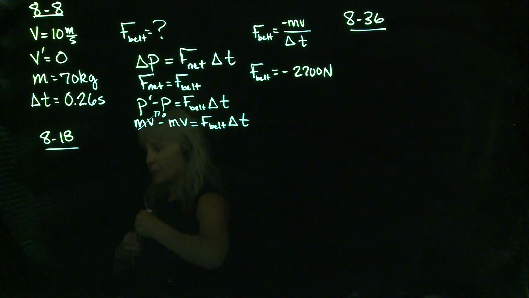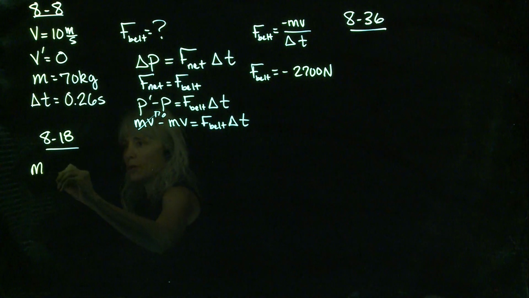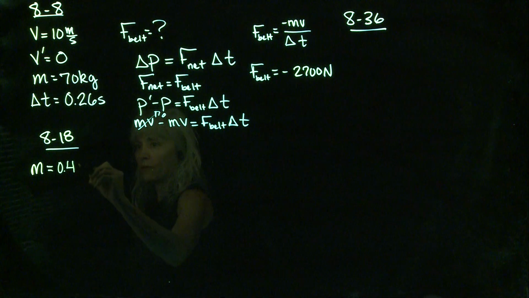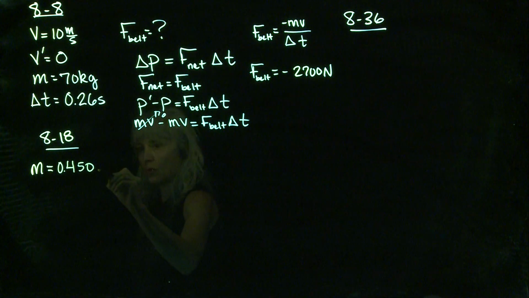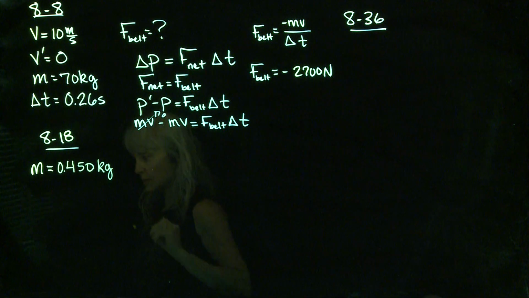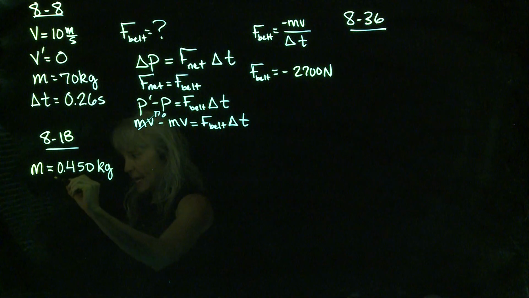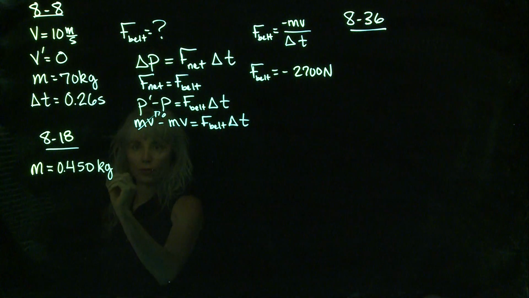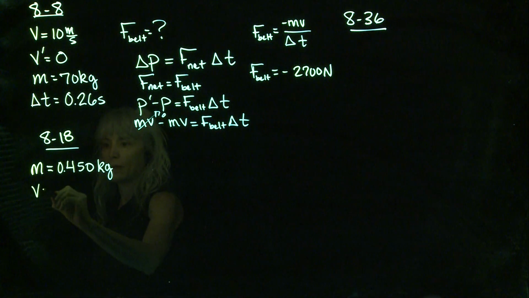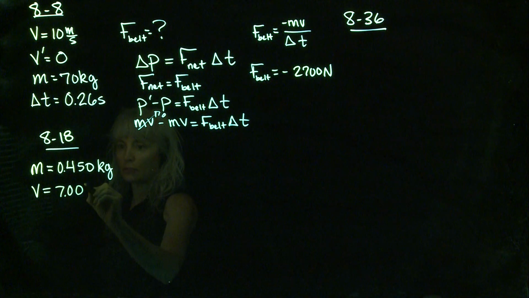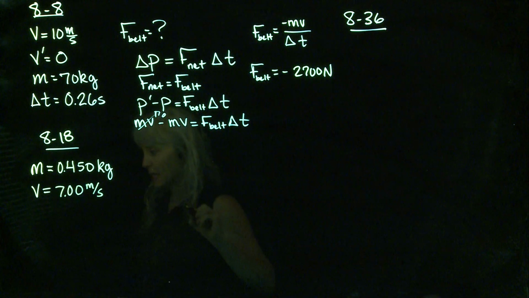Okay, so let's write down some of these specifics from the word problem. The mass of the hammer is 0.450 kilograms, and we are told that it has an initial velocity, as before it strikes the nail, so no prime on that velocity, of 7.00 meters per second.